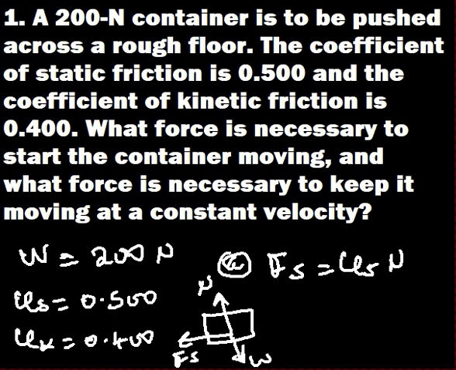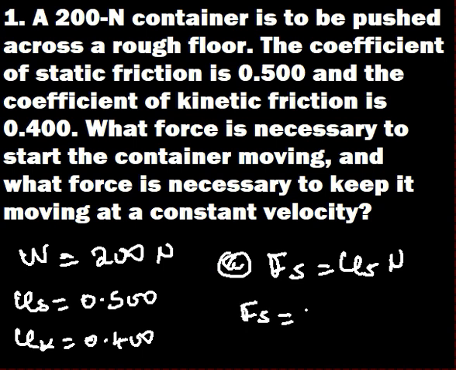In this case the normal force will be the same as the weight of the object. Therefore F(s) is equal to mu(s) times the weight of the object, since the normal force is the same as the weight, according to the diagram.